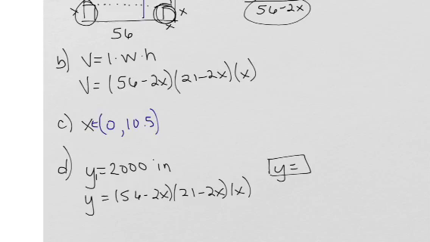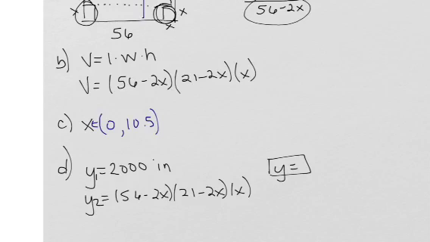In y1, we're going to type 2,000, and in y2, we're going to type our formula for volume. When we do that, the point of intersection where the two lines cross is going to give us the cut size that will result in the volume of 2,000 inches.